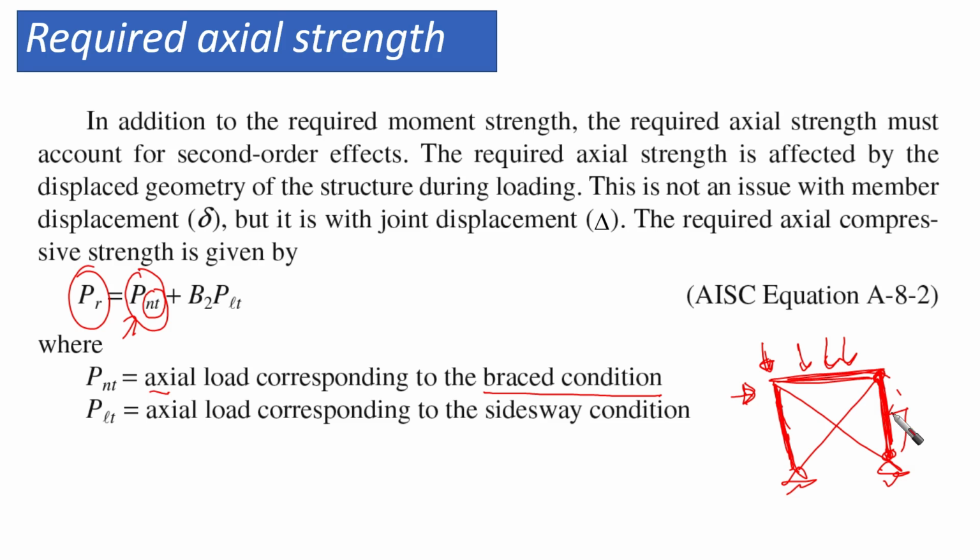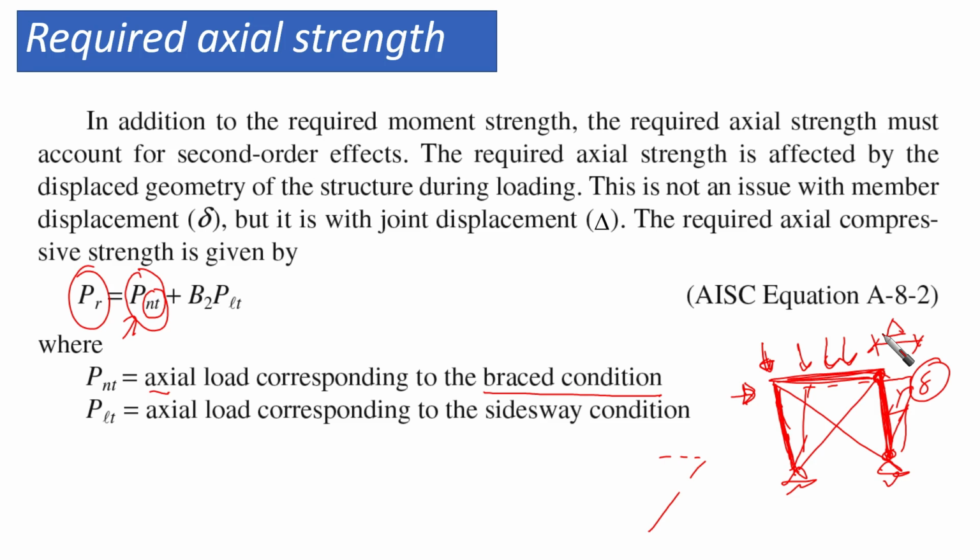This small delta would not affect the required axial strength. However, the large delta, which is this delta for the translational case, is going to make some problem for us.